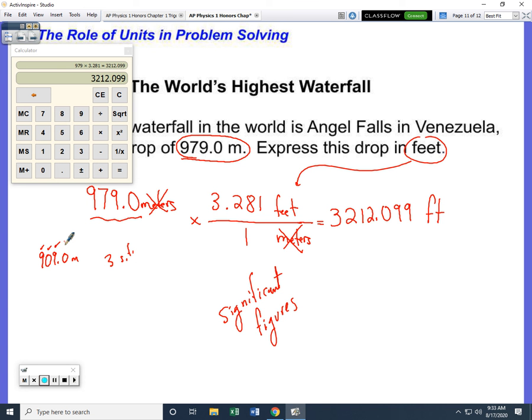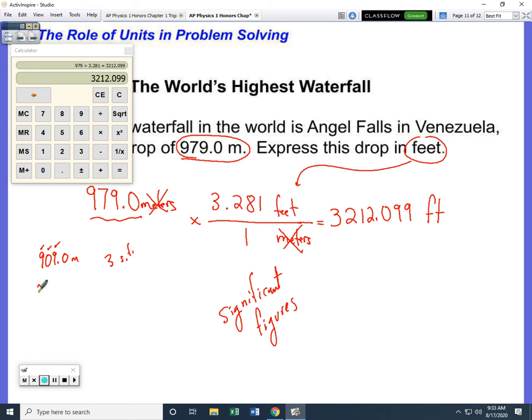The next rule that deals with zeros is the ones that don't get counted. If you have a zero that is to the right of a decimal point but to the left of a non-zero number, or vice versa, to the left of a decimal point and to the right of a non-zero number. In other words, if it's between a decimal point and a non-zero number, it does not get counted.